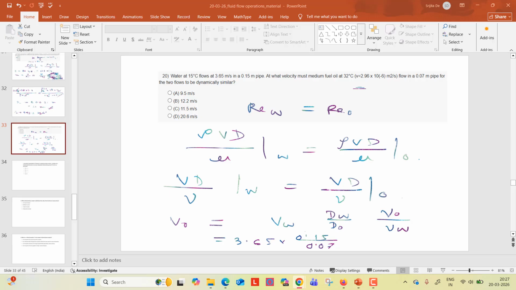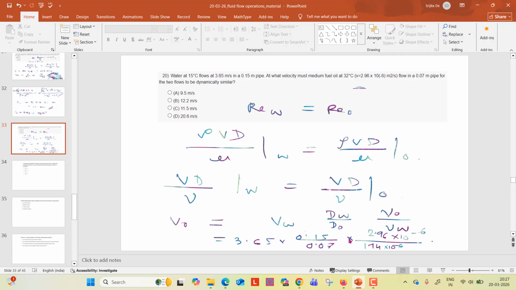So at 50 degrees centigrade, water kinematic viscosity is 1.14. The oil viscosity is given as 2.96 into 10 to the power minus 6, and the water viscosity is given as 1.14 into 10 to the power minus 6.